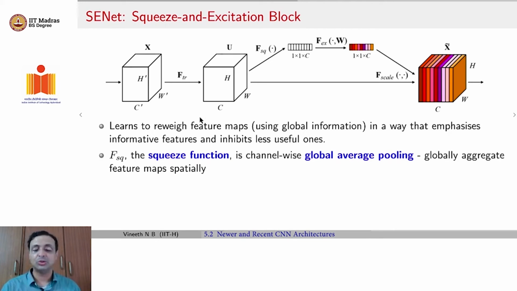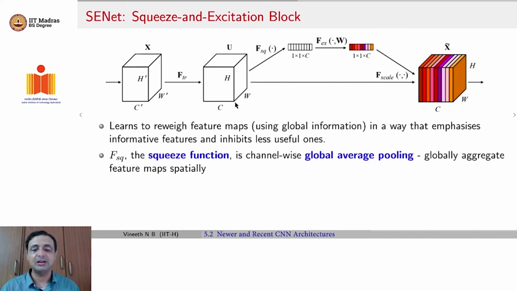And what it does is to do 2 things, as we just said. Firstly, you have a squeeze function, which is denoted by F squeeze in this visual here, where you take each of these C channels in U and do global average pooling. Once again, as we talked about this earlier, in global average pooling, you take the average of all the pixels in each of these channels.